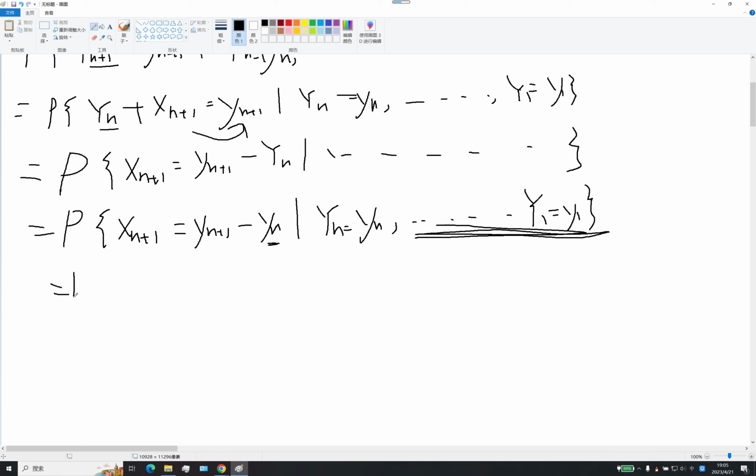So we can write it in this form, which is P(X(n+1) = y(n+1) minus yn), and it only depends on Yn = yn.